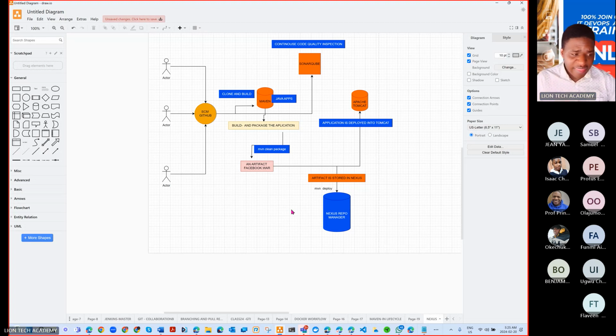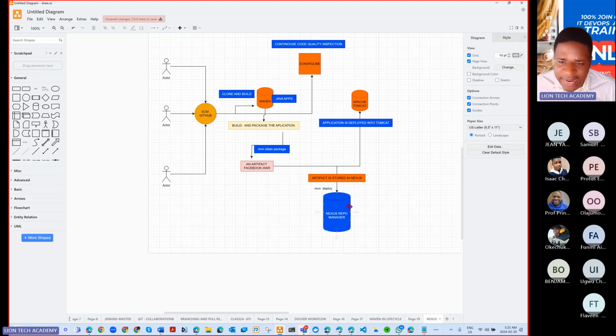However, the reason why we go manual first is because we want to be able to explore these individual components, so that when we then get to the aspect of automating it, it becomes very easy. It doesn't become a burden.